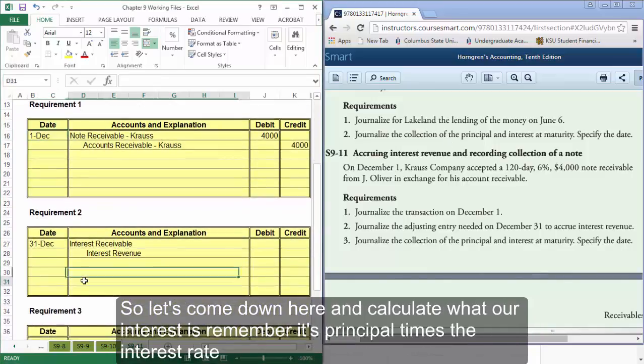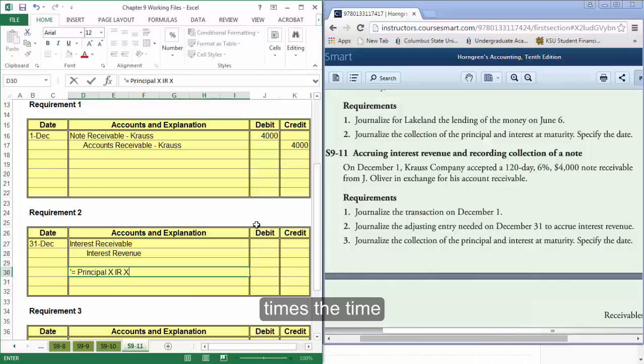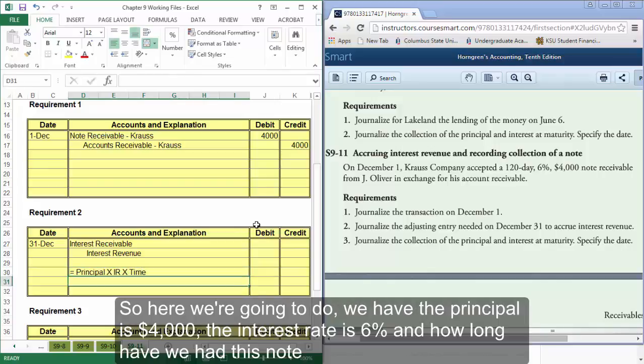Okay, so let's come down here and calculate what our interest is. Remember, it's principal times the interest rate times the time. So here the principal is $4,000. The interest rate is 6%.